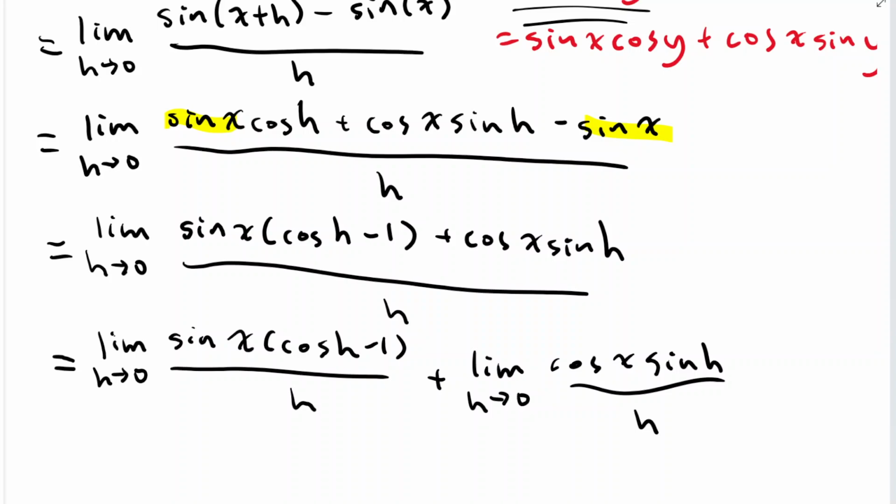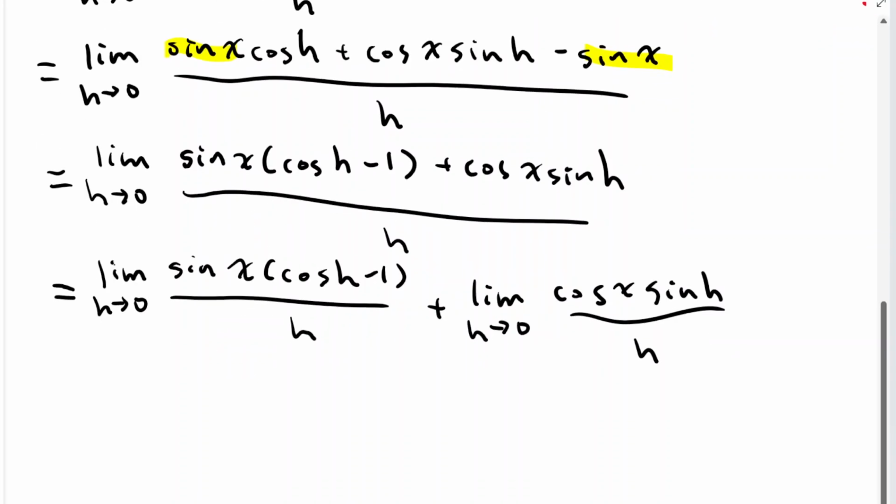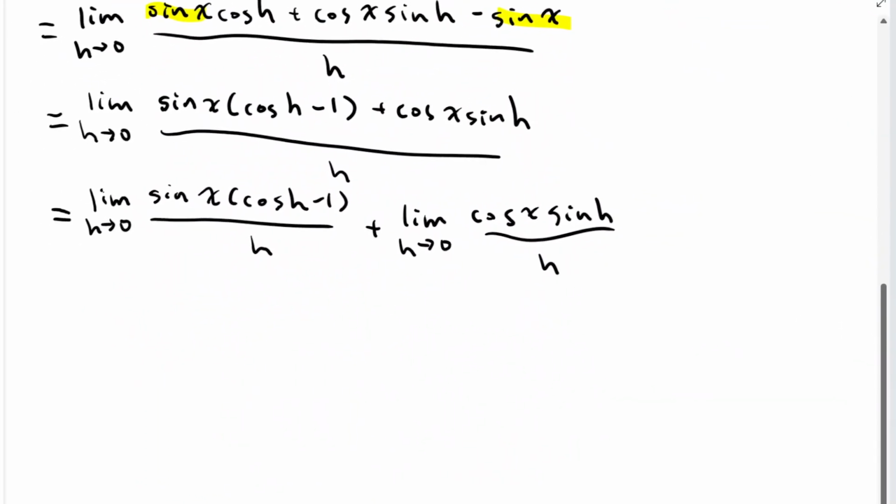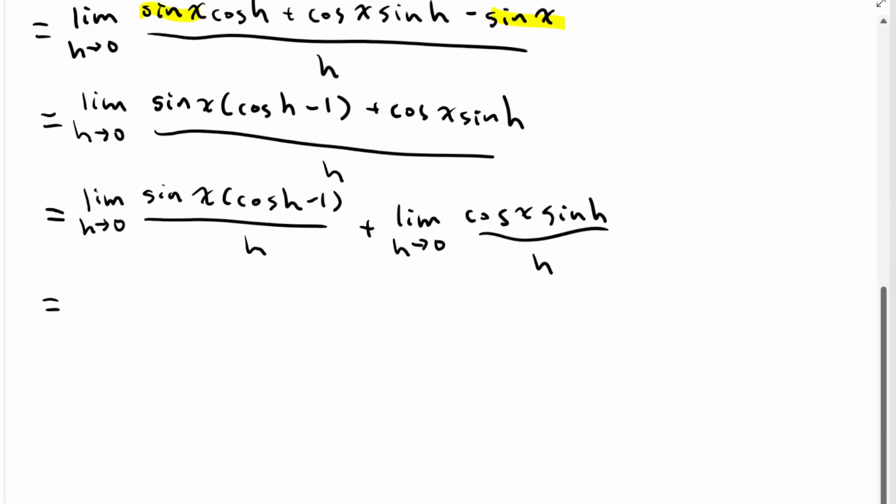My handwriting is becoming worse. My bad. I'll try to maintain my handwriting throughout the video. So here, we have cosine x here and we have sine x here, and we're evaluating a limit of h.